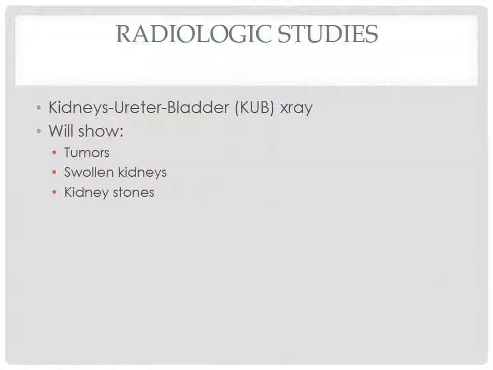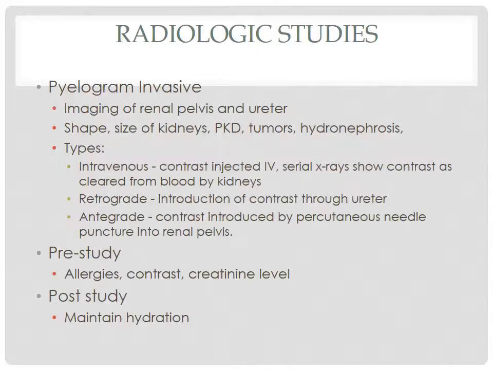Some imaging studies. A KUB is an X-ray of the kidneys, ureter, and bladder, and will show kidney stones, tumors, enlarged kidney, possibly hydronephrosis. A pyelogram is an invasive study that shows an image of the renal pelvis and ureters, shape of the kidney, size.